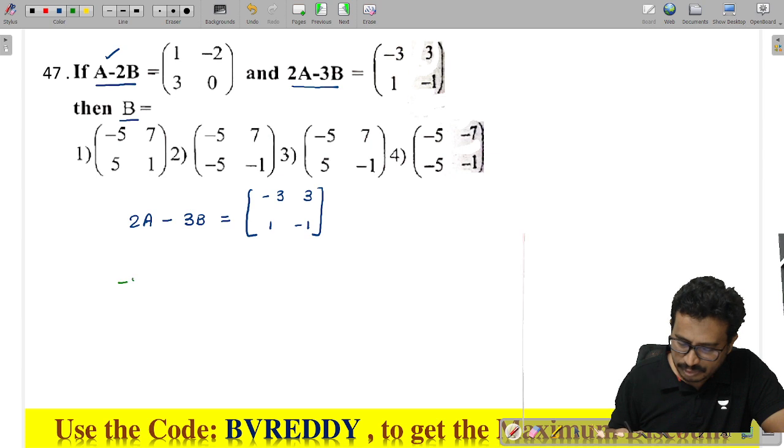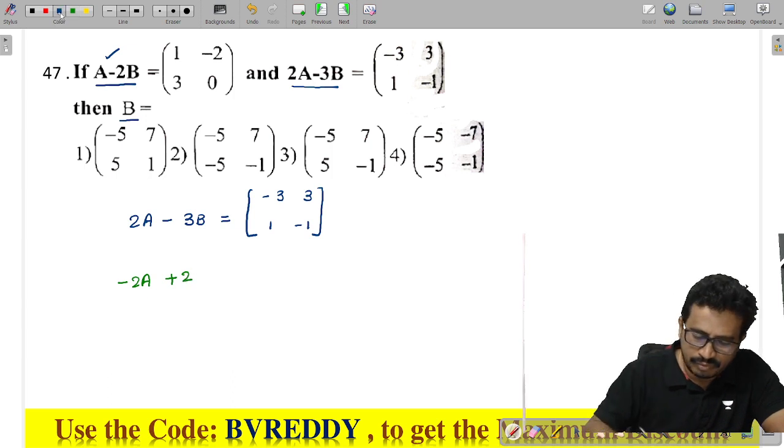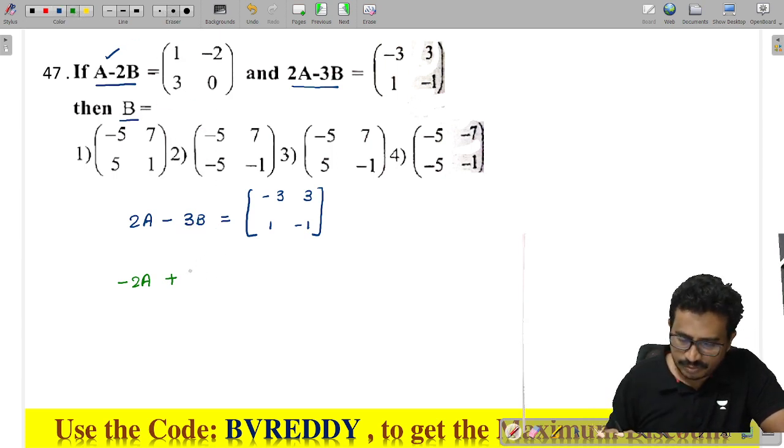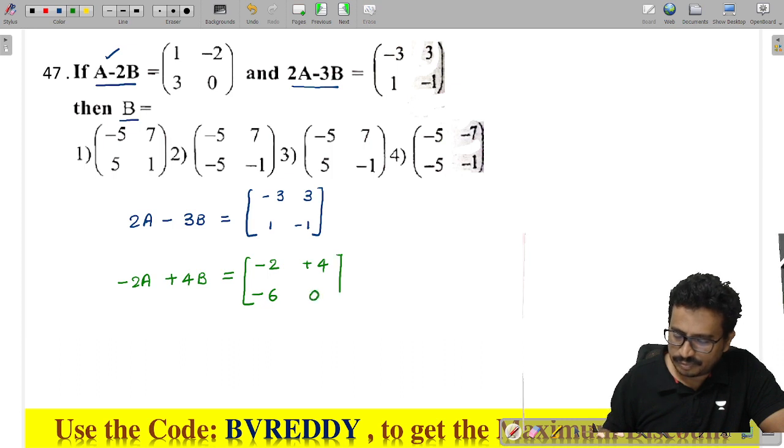Minus 2A plus, multiplying with minus 2, it becomes plus 4B, and I get minus 2 plus 4, minus 6 and 0.